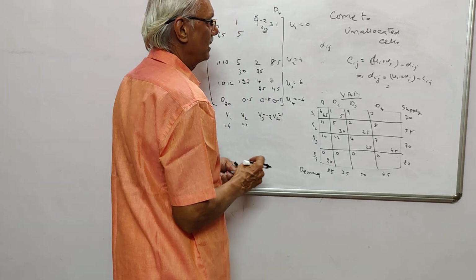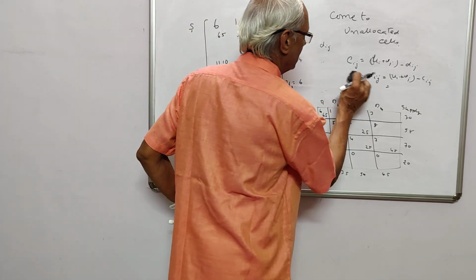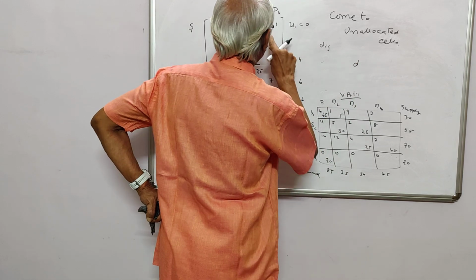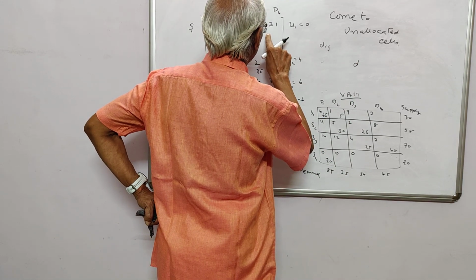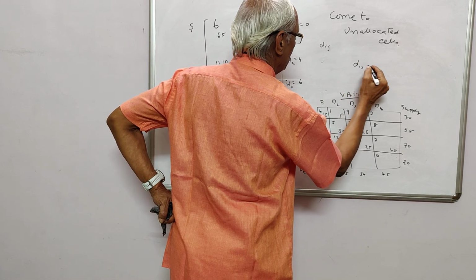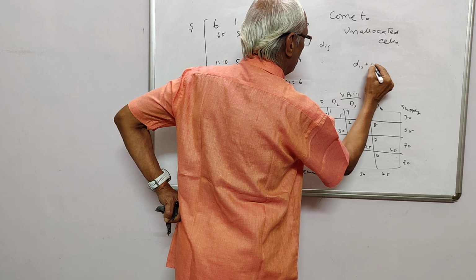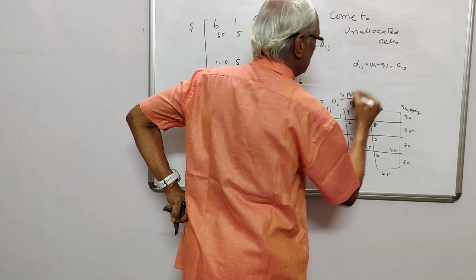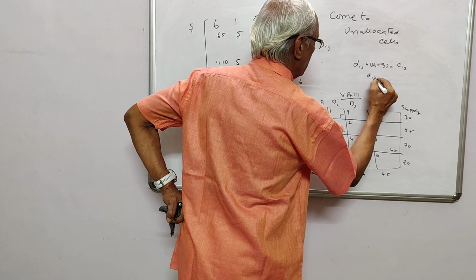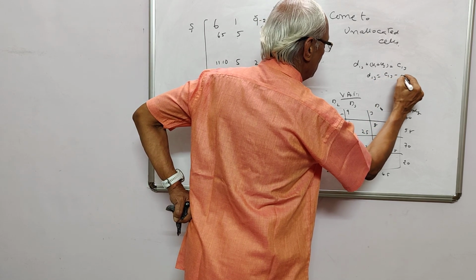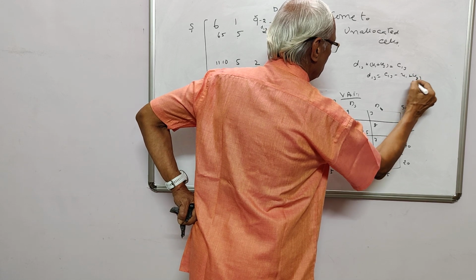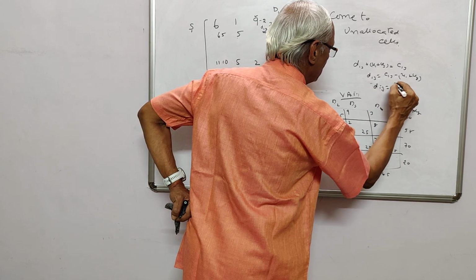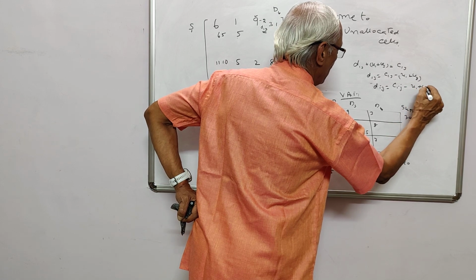If I want D13, I will write it here: D13 plus U1 plus V3 is equal to C13, or D13 is equal to C13 minus U1 plus V3, or Dij is equal to Cij minus Ui plus Vj.